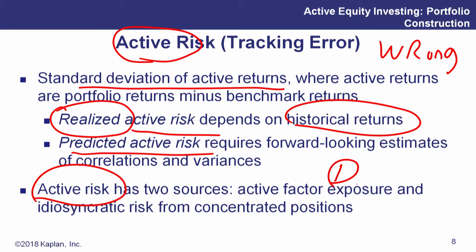First of all, this systematic exposure to whatever factor you've identified as a driver. That's going to be that systematic portion. But then there's this idiosyncratic risk that you're going to face from having a concentrated portfolio. If my portfolio analysis tells me I need to be overweight the banking sector, well, guess what?